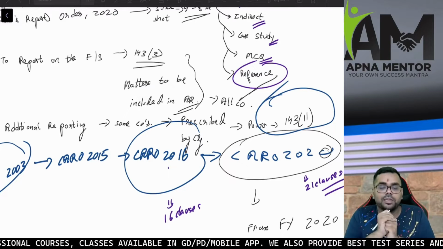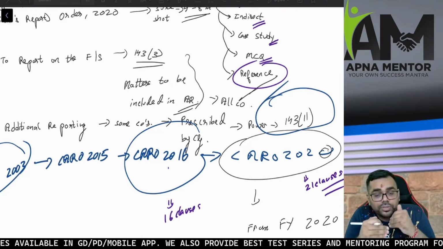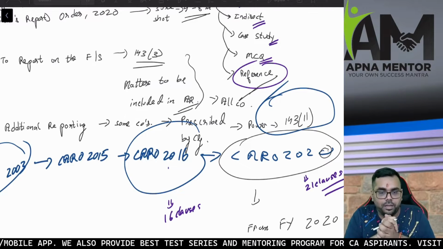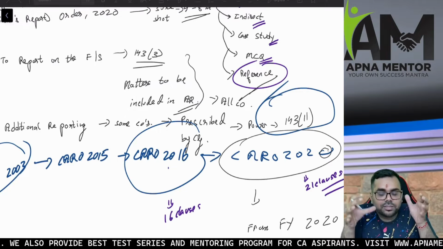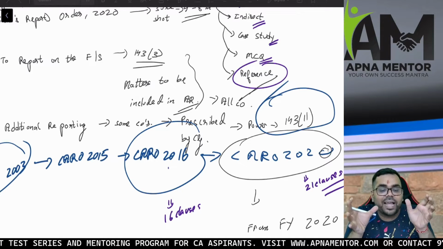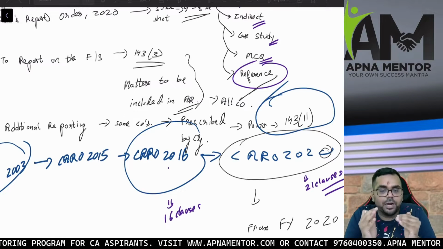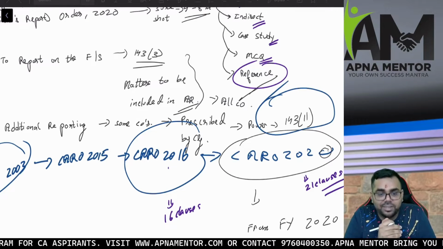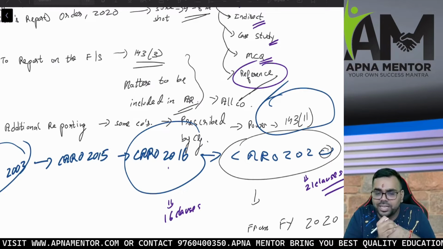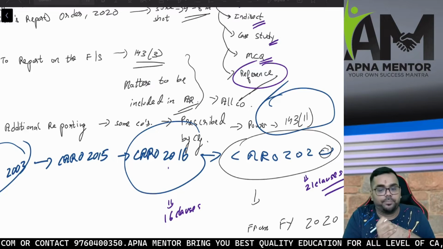But apart from the reporting given under 143(3), there is also an additional reporting given under 143(11). Section 143(11) gives the power to the central government to specify additional reporting matters for the auditors. Using the powers given under 143(11), the central government has prescribed additional reporting matters for the auditor, and that is what we call CARO 2020.